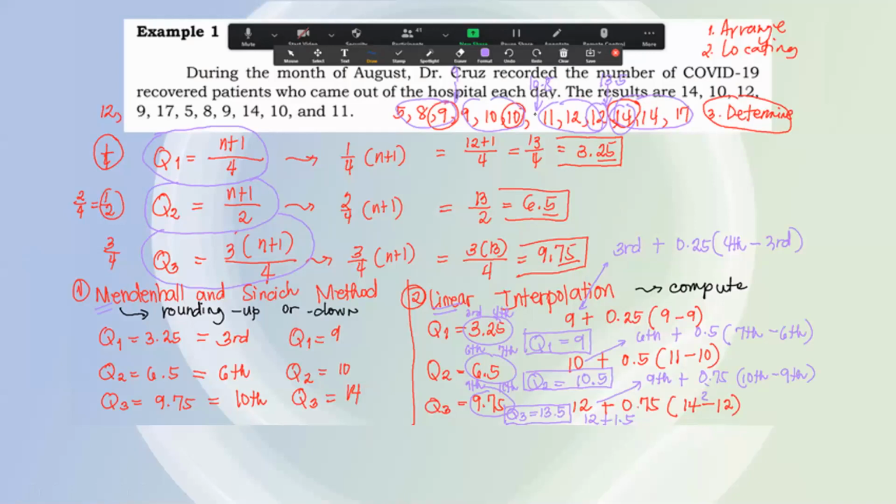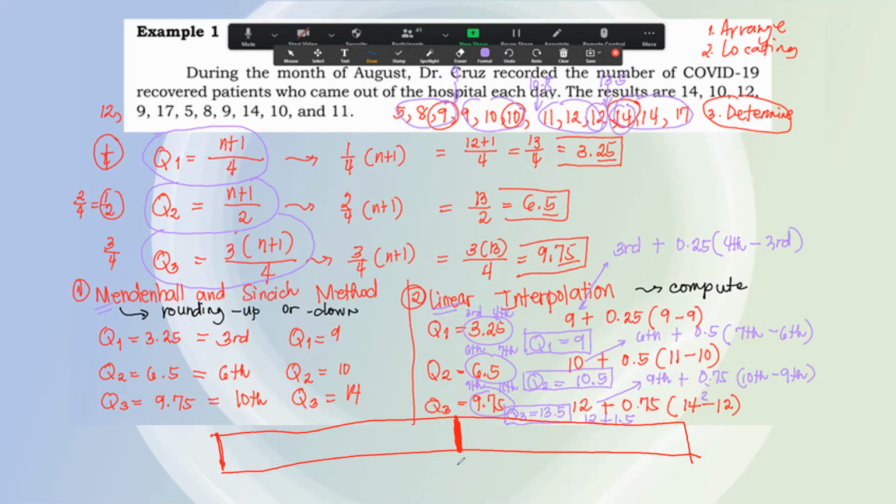So, ganito po yan. Magdodrawing ako dito ng bar. Ito yung kalahati. Sa kalahati po, di ba ito yung mababa?